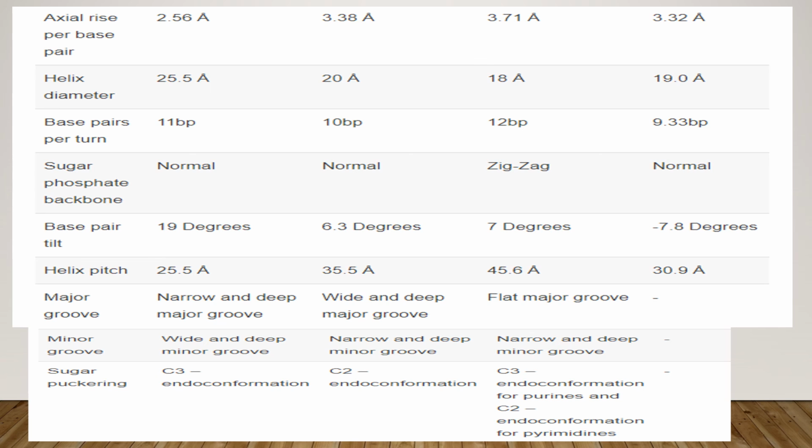Then the sugar pucker conformations. In the case of A form, these are the endo conformation. C2 at the second carbon atom also endo conformation. Here for the purines, these are the endo conformation, and for pyrimidine, these are also endo conformation at the second carbon atom. Thanks.